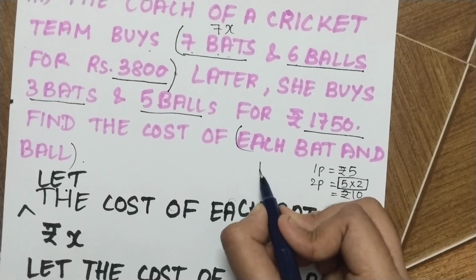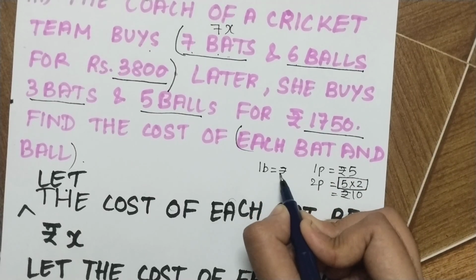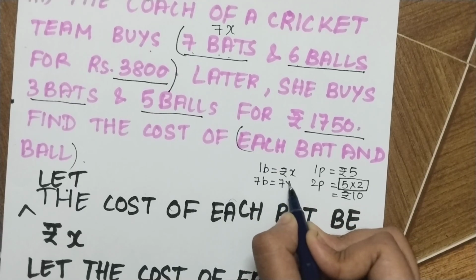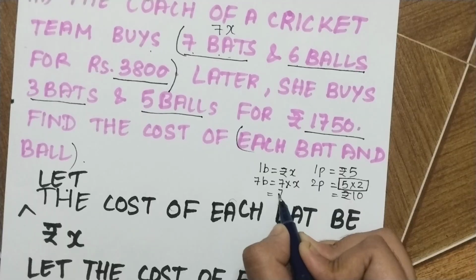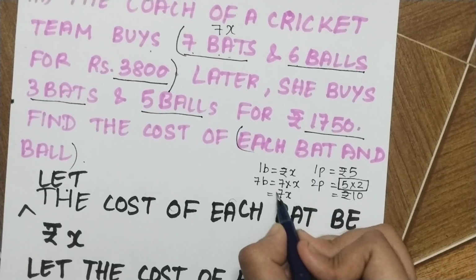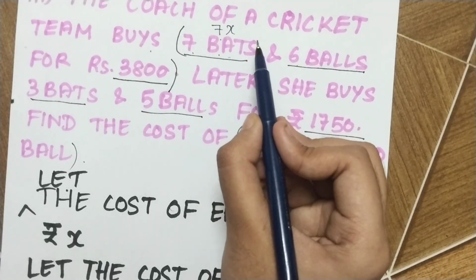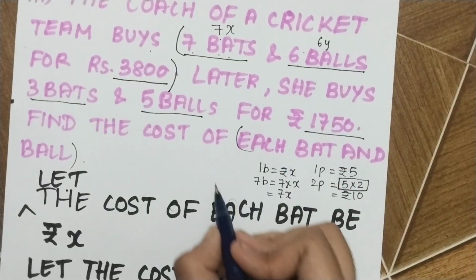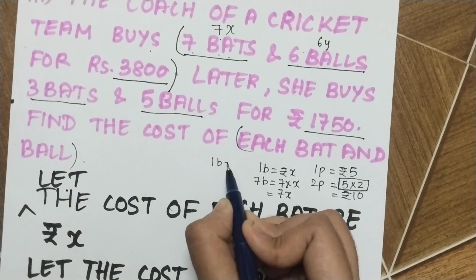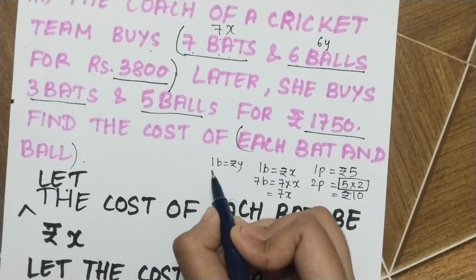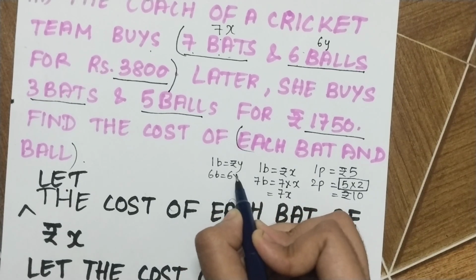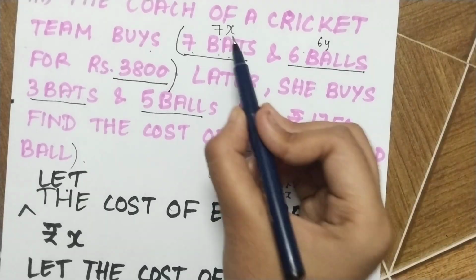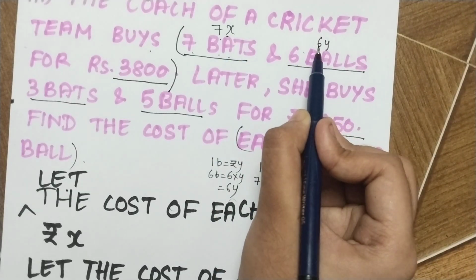Same, if my cost of 1 bat is rupees x, then my cost of 7 bats will be 7 into x, which is nothing but 7x. So instead of all this, I am writing here 7x. Same, here I'll be writing 6y. Cost of 1 ball is rupees y. So 6 balls will be 6 into y, which is 6y. Am I clear? So 7x and 6y.